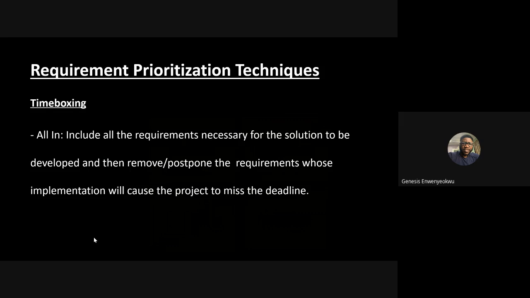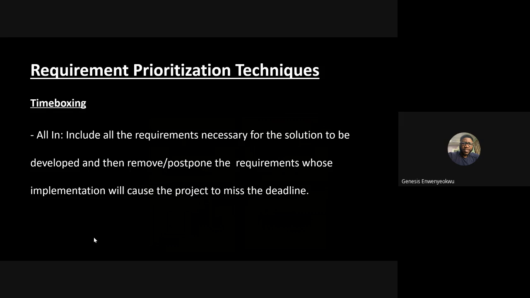Another prioritization technique that is also used, but it's not as common as MoSCoW and the Eisenhower decision matrix, is time boxing. For time boxing, there are 3 different scenarios that we consider. We can choose to use the all-in, the all-out, or the selective approach.